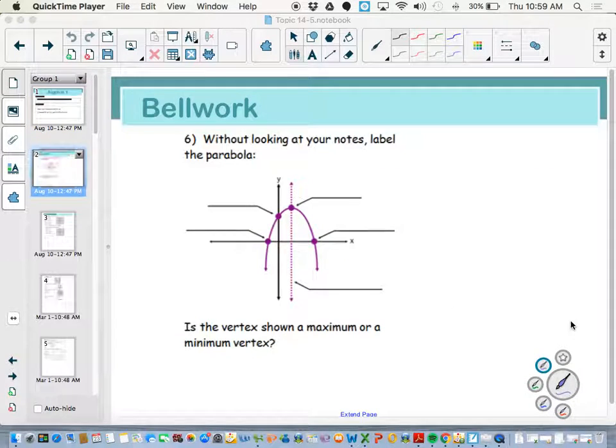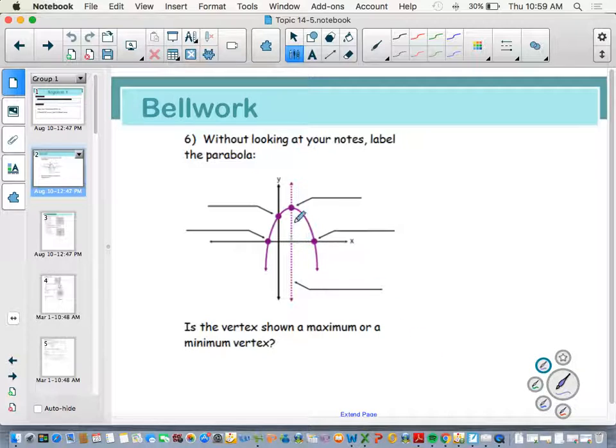So really quickly, let's review yesterday a little bit. What is this called? The vertex maximum. So this is my vertex, max.